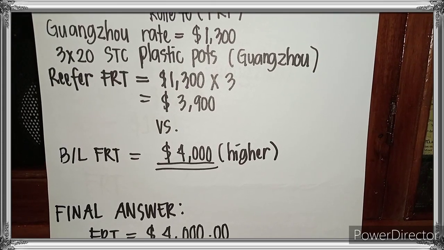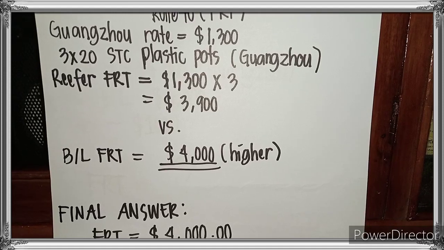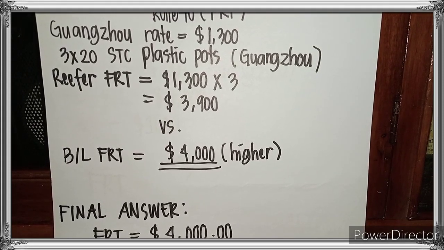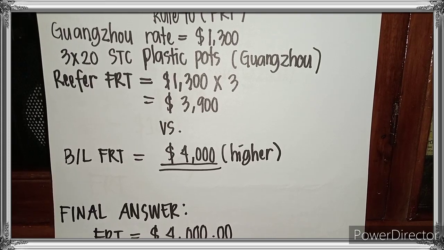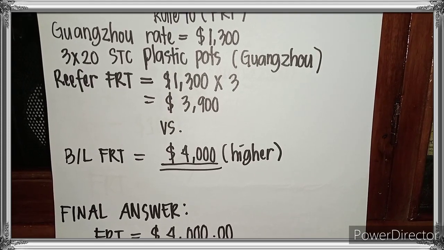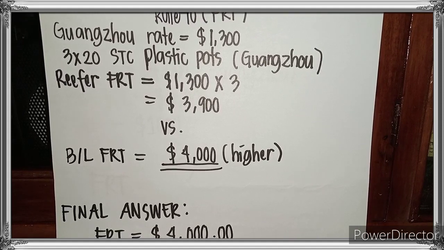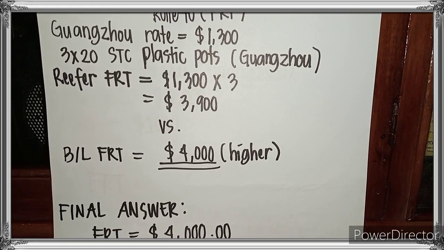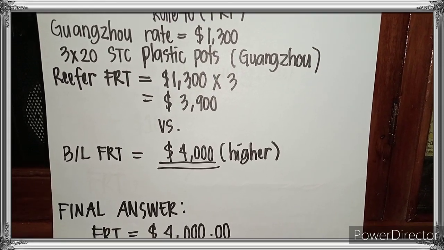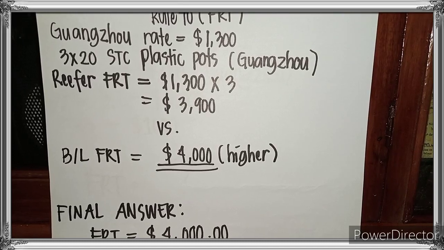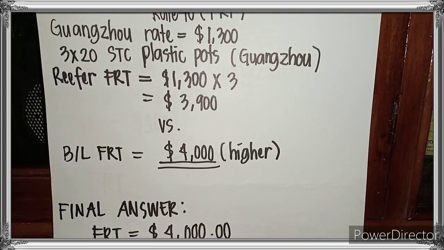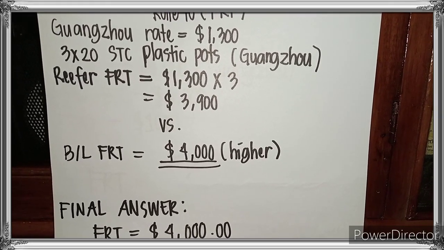Again, the rate of Guangzhou is $1,300 and the STC is 3x20, so we multiplied 1,300 by 3 and come up with an answer of $3,900.